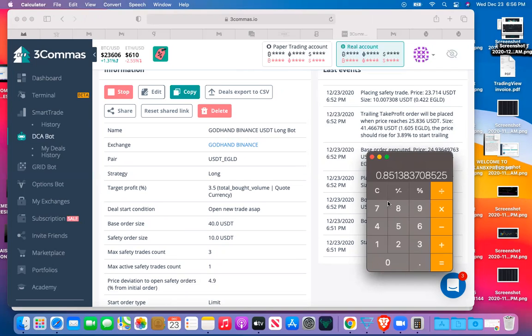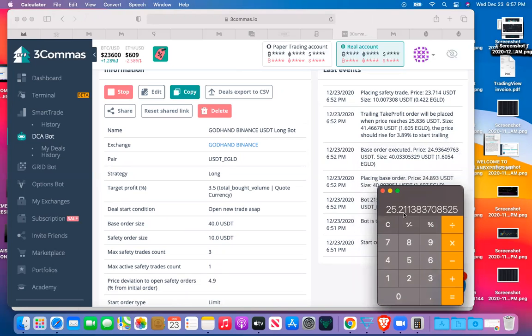That's the profit, so you add this to the price. That's about 25.2. So my new take profit price will be set at 25.2 and not this 25.8.